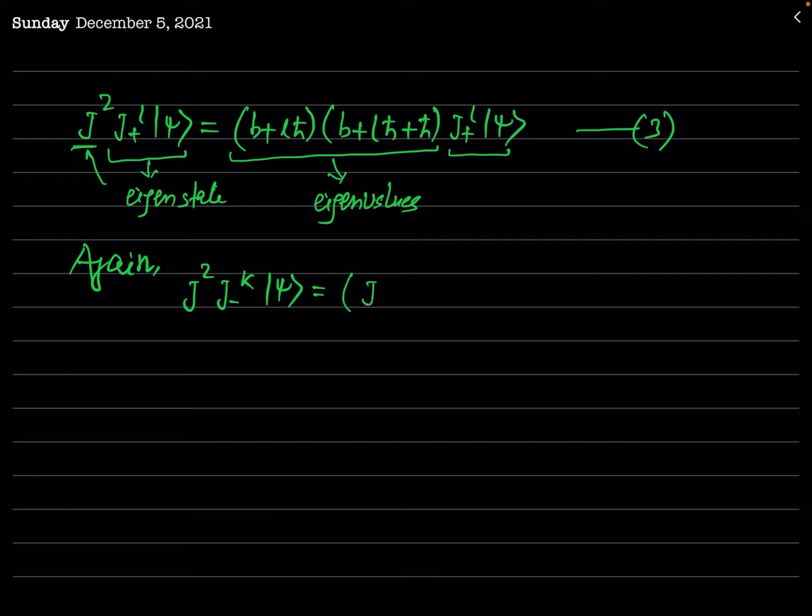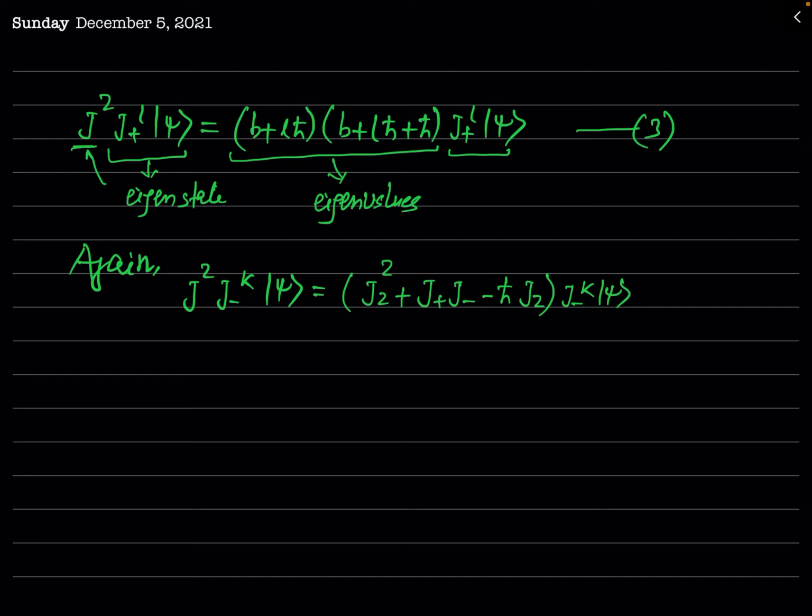This is Jz square plus J plus J minus H bar Jz, and the eigenvector is J minus K ket psi.